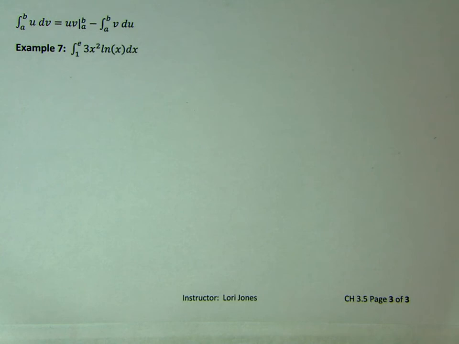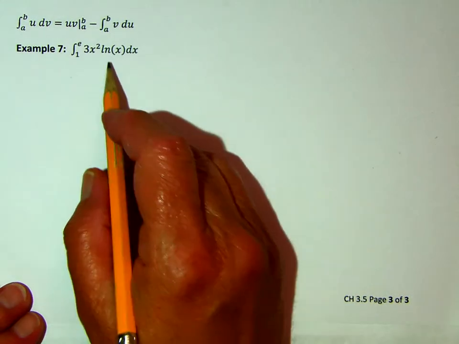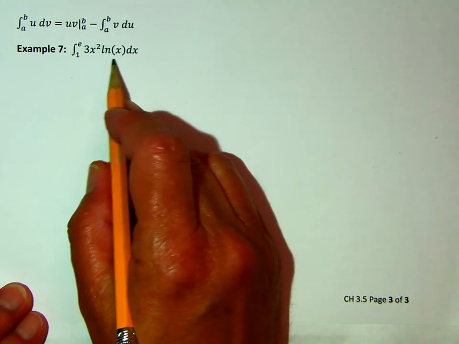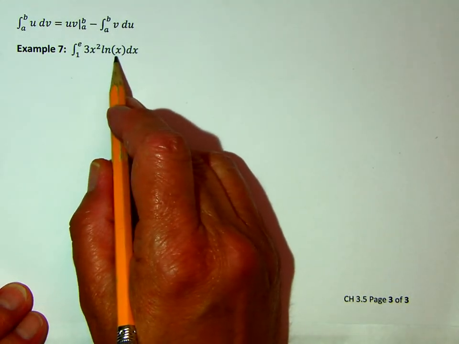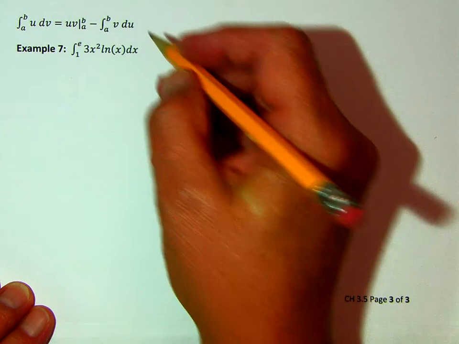Now we're going to do an example of using integration by parts for a definite integral. We'll follow the same basic rules, but we'll evaluate from a to b when we get to the end. So again, I've got a logarithmic part here, so I'm going to choose that to be my u.